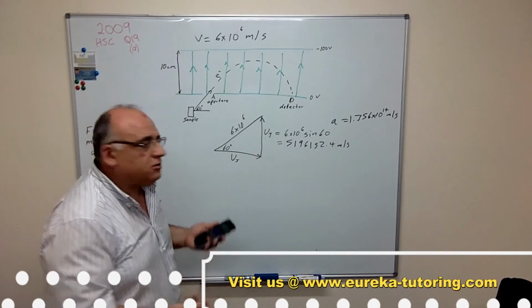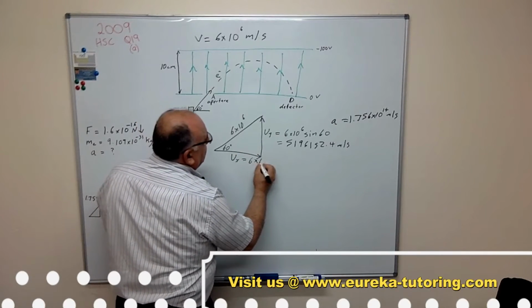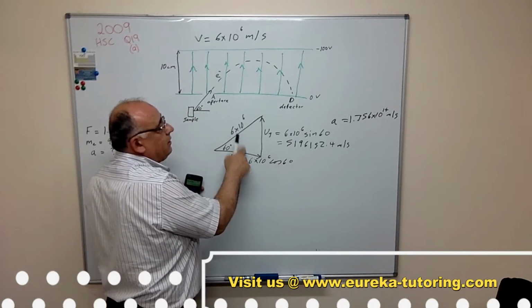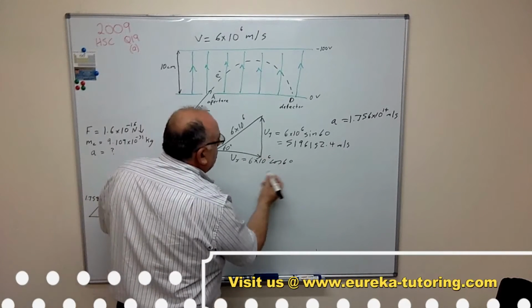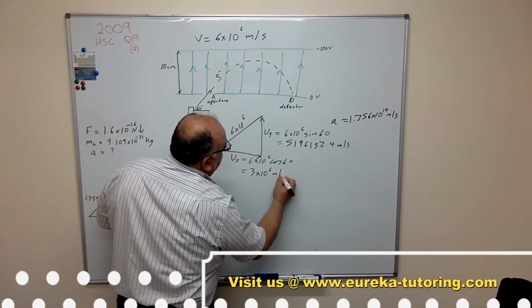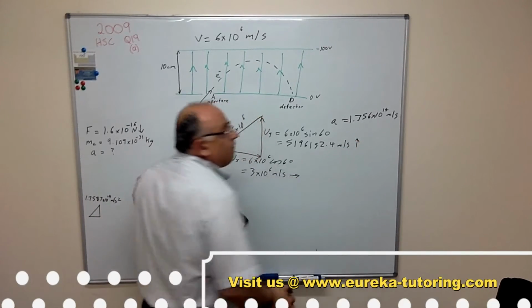And the horizontal direction, we won't be using it, but I'll write it down. That will be 6 times 10 to the 6 cos 60, because we've got adjacent over hypotenuse, and we want to find the adjacent. Cos 60 is a half, so it'll be 3 times 10 to the 6 meters per second in the horizontal, and this is in the vertical.